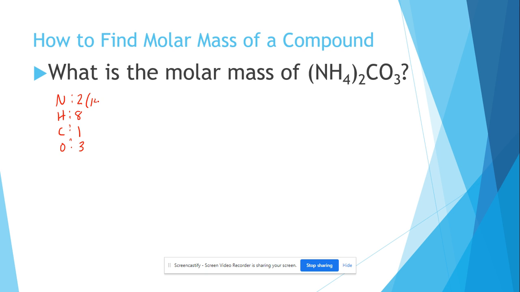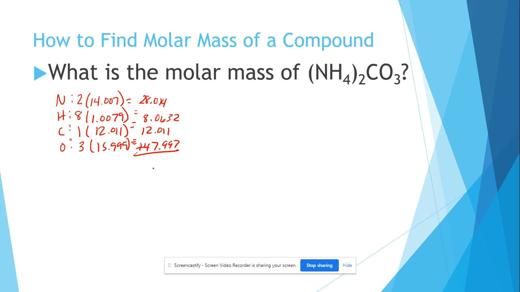So when you multiply these by their respective values, for example, nitrogen is going to be 14.007, hydrogen's 1.0079, carbon is going to be 12.011, and oxygen is 15.999. When you equal these out, you get 28, about 8, of course your 12, and then your 47.